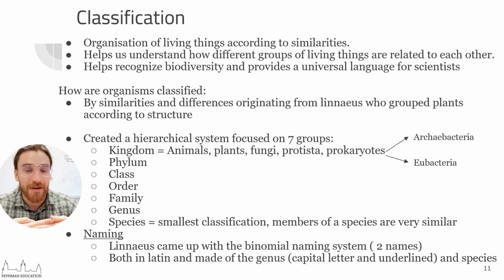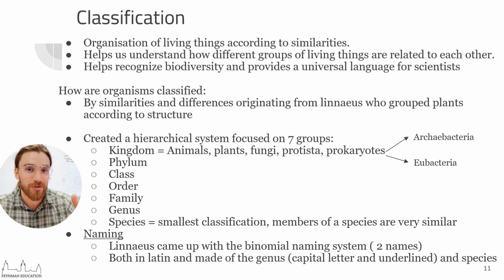But if they are able to give the scientific name for a cow, I'm not even going to try to remember what that is, then they would be able to communicate and read about the same individual. So classification helps us to recognize biodiversity and provides a universal language for scientists to use.